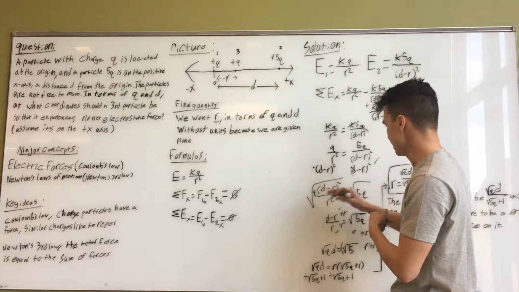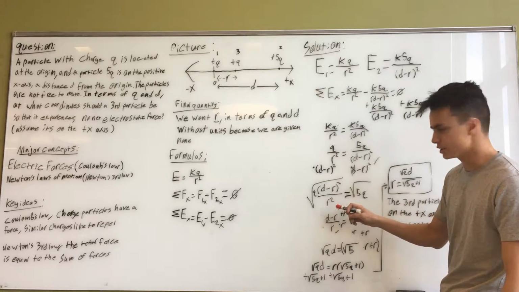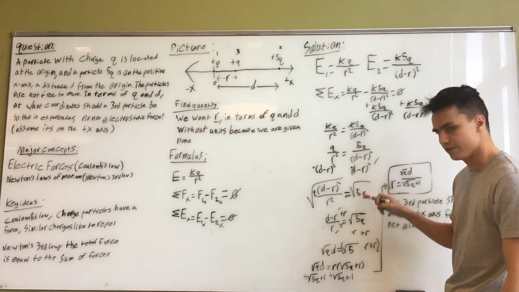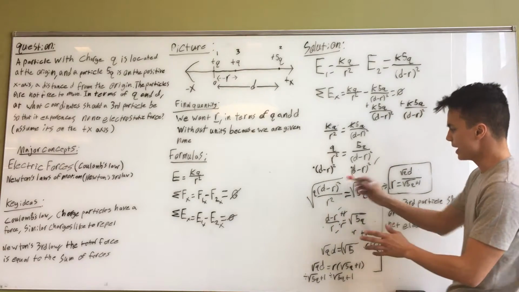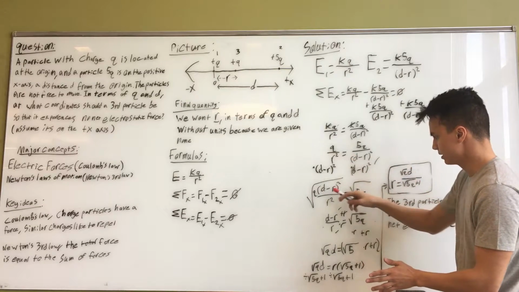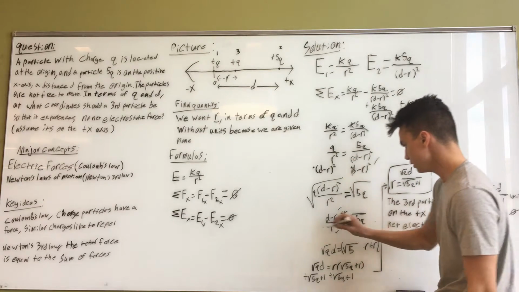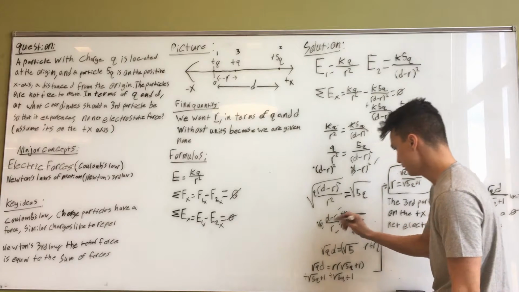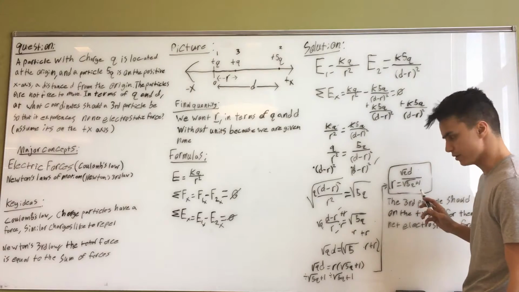Then we have d minus r squared over r squared equals 5q. But then we take the square root of each side in order to get rid of these squares here. And we're left with root q times d minus r over r equals root 5q.